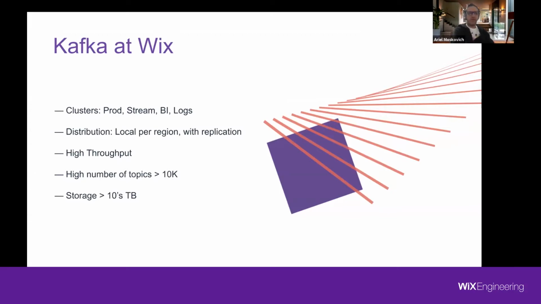We also enable replicating the data between regions with tooling that was created by our server guild. But basically, we are producing and consuming to those clusters locally. We're also using Kafka for streaming with Debezium to ingest our websites' events into our BI system, and also as a middleware for our logs.